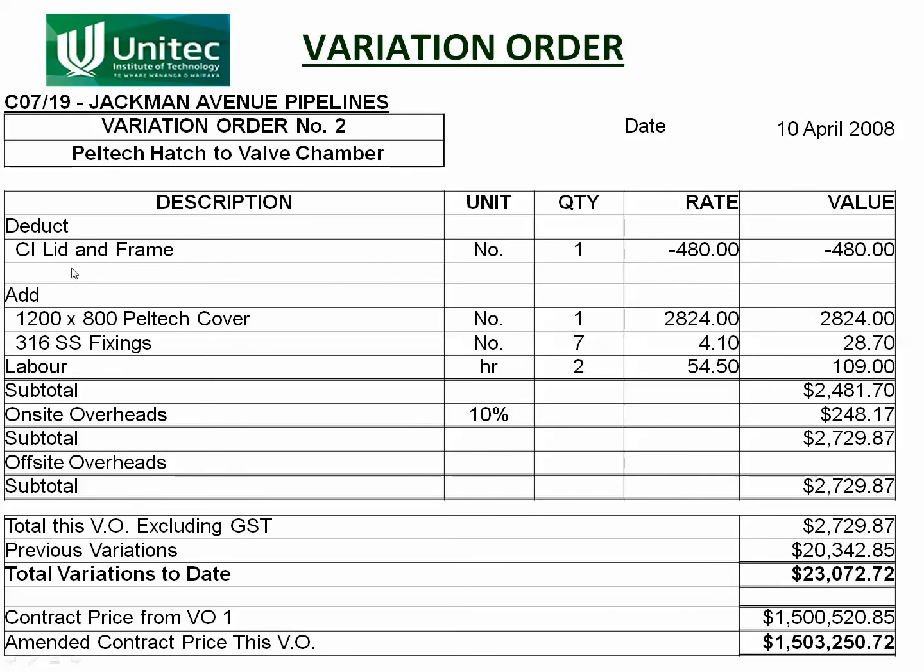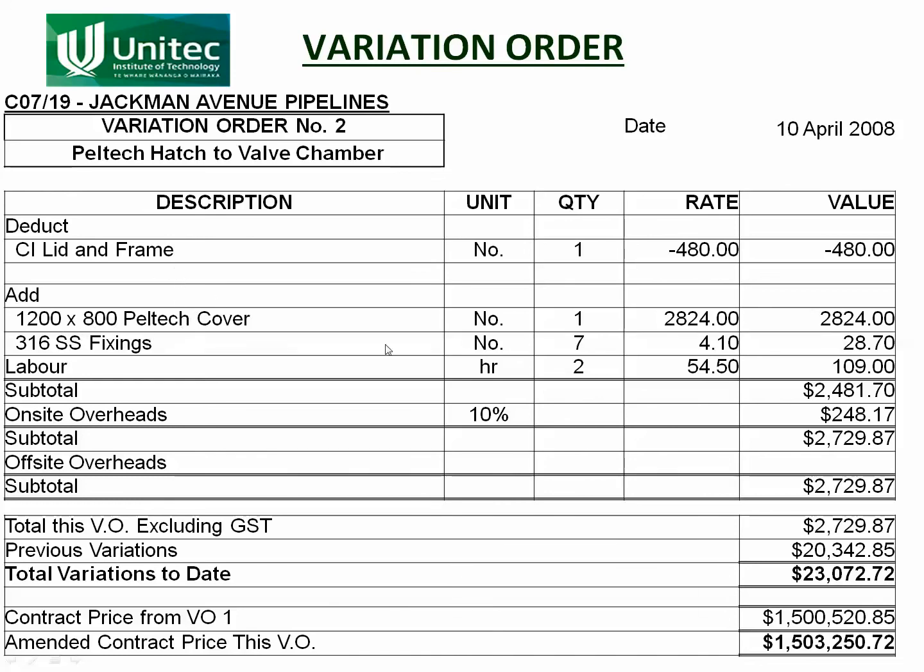So you can see that in this case the change was once we'd started doing the work, the client said we don't really want cast iron lids and frames on our pump station, sorry, on our valve chamber. We want these special Peltec covers, which are much more sophisticated, much easier for operators to get in. In fact, what happened here was the operators looked at these frames and said, oh, we don't want those, we want these ones. So we responded to it and issued this contract order.